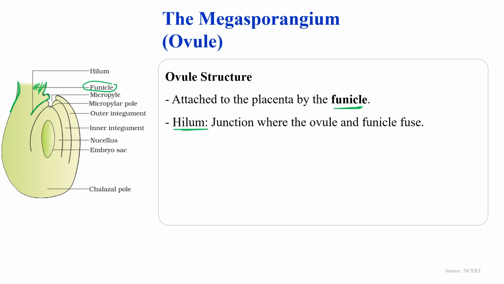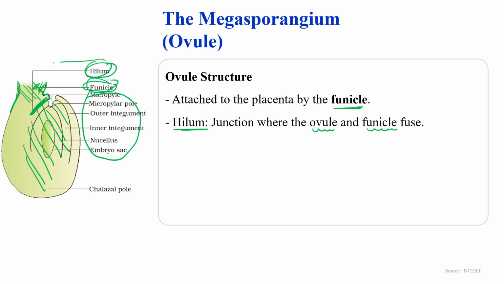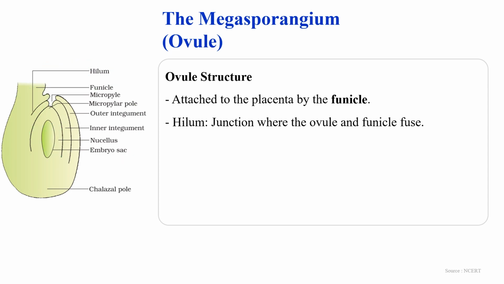This is the hilum, which is a junction between the ovule and the funicle. This structure is the ovule and this is the funicle, so the hilum is the junction between them. Clear? This structure is the funicle, and this is the hilum, which acts as a junction between ovule and funicle.